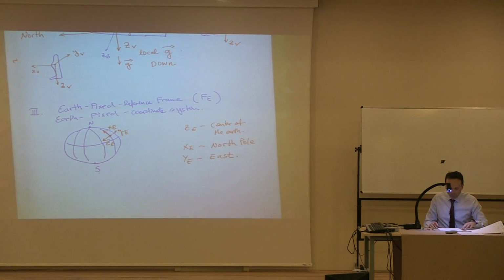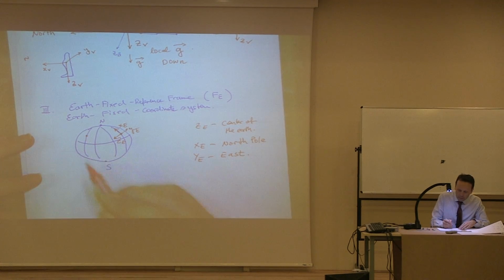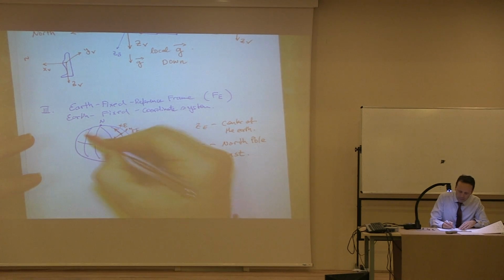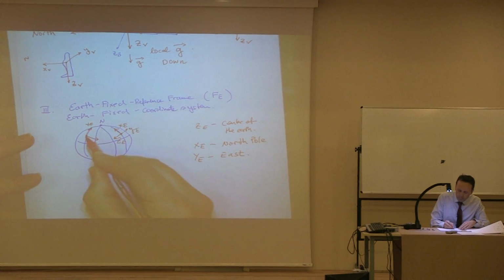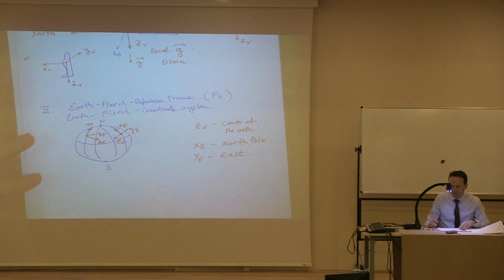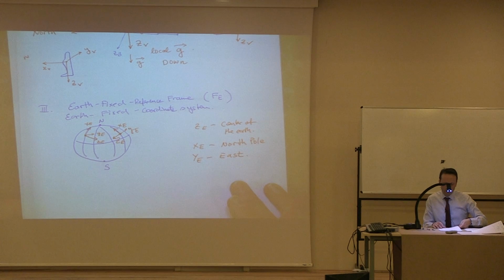Okay? So you could attach it anywhere you want. You could attach the same coordinate system somewhere here. So ZE would be pointing towards the center, XE would be pointing towards the north, and YE would be pointing east. Okay? So that's the Earth fixed coordinate system.